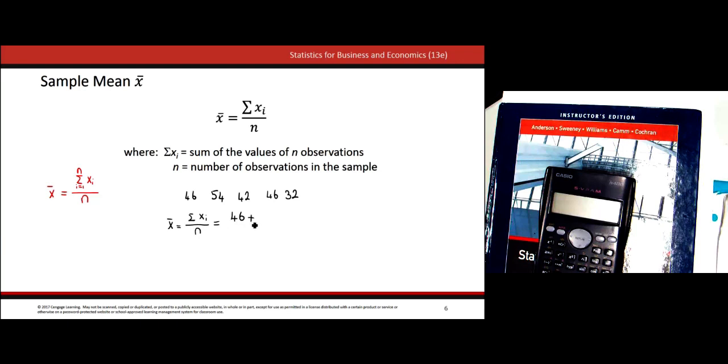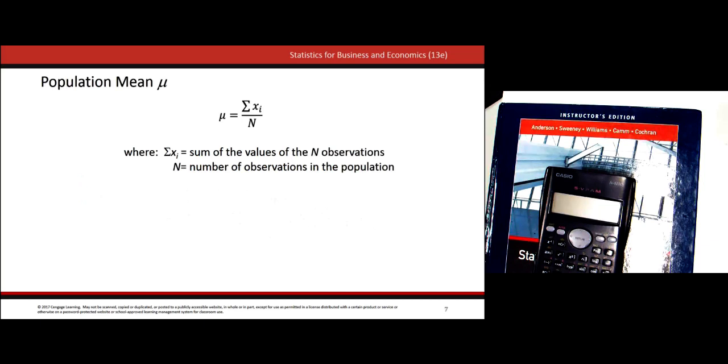This means we sum all the observations. The sigma means sum. N is 5. Which is 44. That's the sample mean, the average of all the observations. You add them up and divide by the total number of observations.